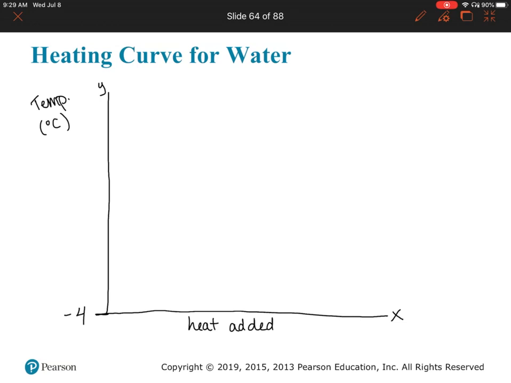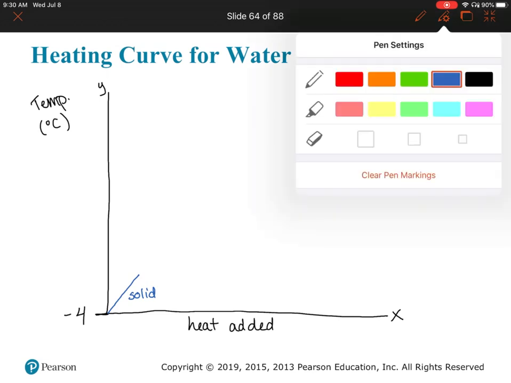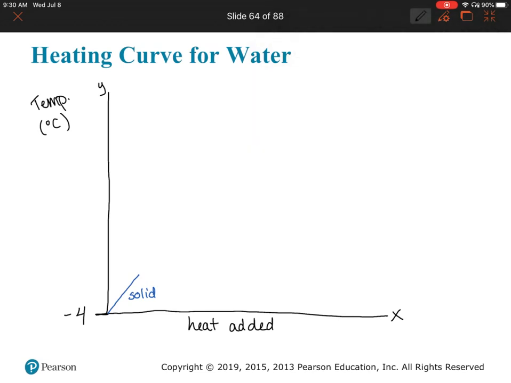All right, so we add some heat and the temperature will increase for our solid until we hit the melting point, which is 0 degrees Celsius. And at that point, all of the heat that we're adding to our ice is no longer going into the temperature of ice. It's actually going to melt the ice.